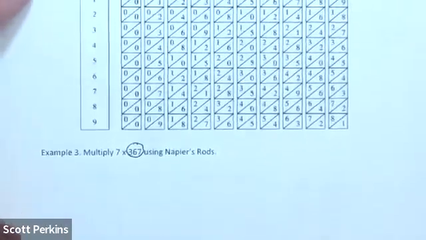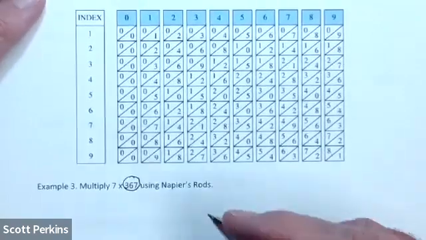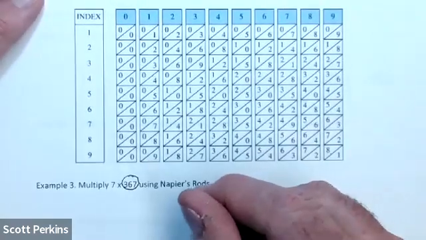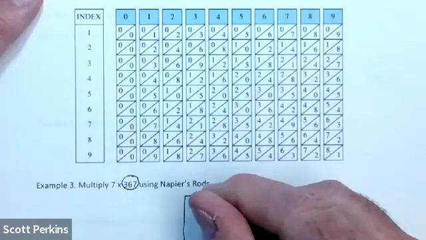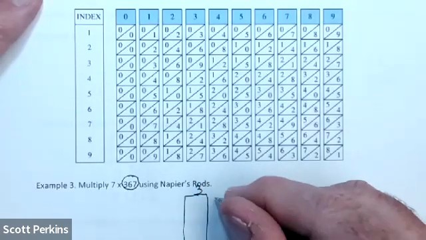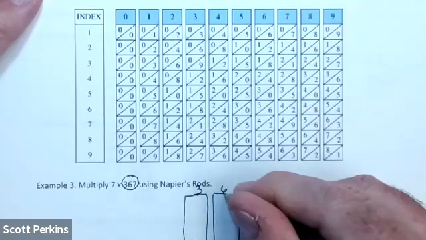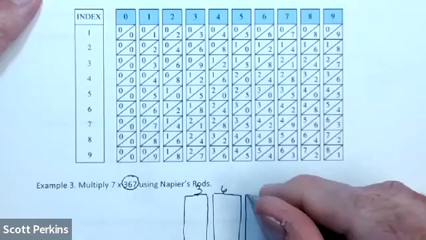So I'm just going to do this because I feel like I need to be an instructor for just a second. So he would take the rod for 3. And then, so that's going to be the one for 3. Then he'd lay it next to the rod for 6. And then he'd lay it next to the one for 7.